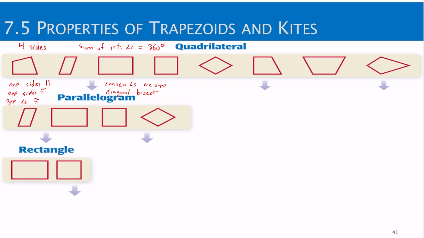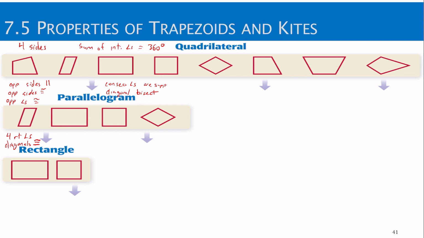Some parallelograms are rectangles. All rectangles are parallelograms, but there are other parallelograms that are not rectangles. What special properties do we know about rectangles? Well, we know there are 4 right angles, and we know the diagonals are congruent. But they also have the properties of the parallelograms and the quadrilaterals: opposite sides parallel, opposite sides congruent, diagonals bisect each other, and so on.